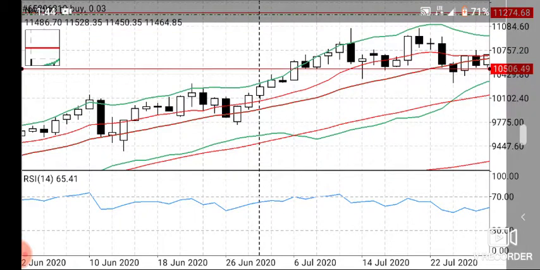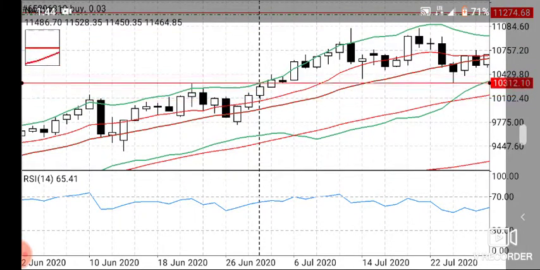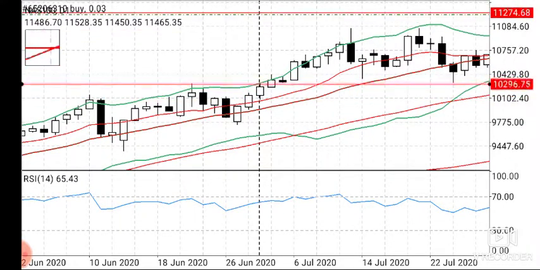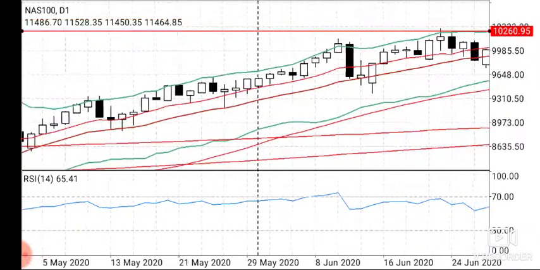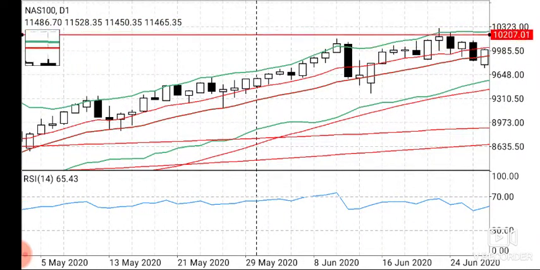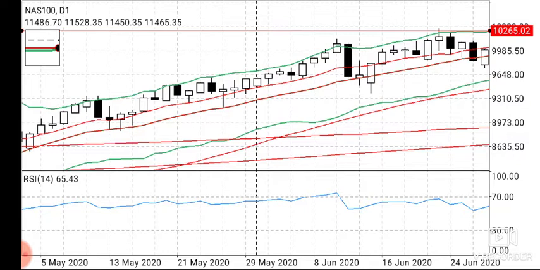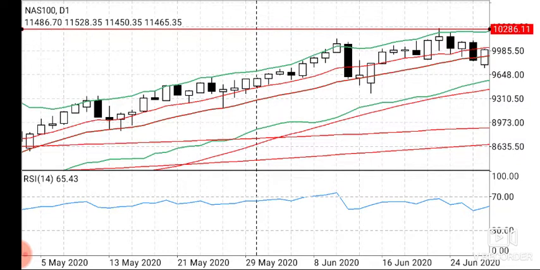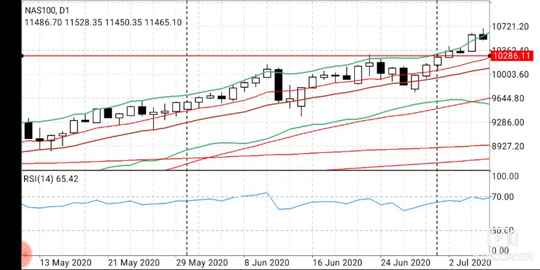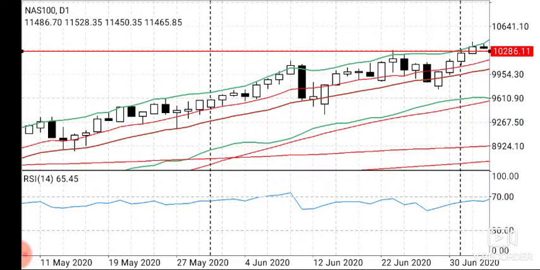When I say morning star, I talk about this pattern. This pattern is an evening star. As you can see, there was a doji. After the doji, the market went down. At least for a day, you can take a sell.